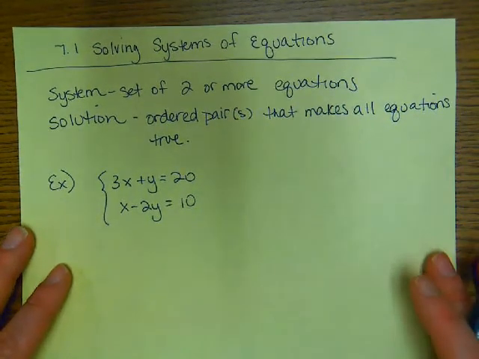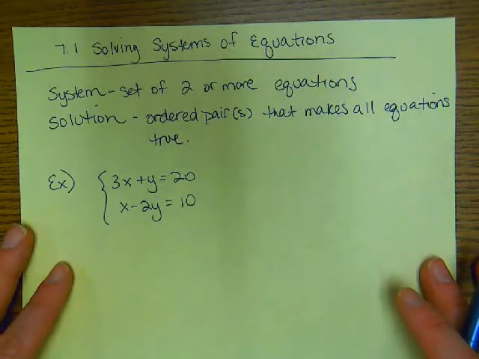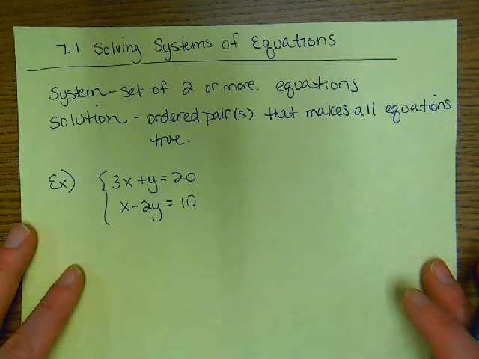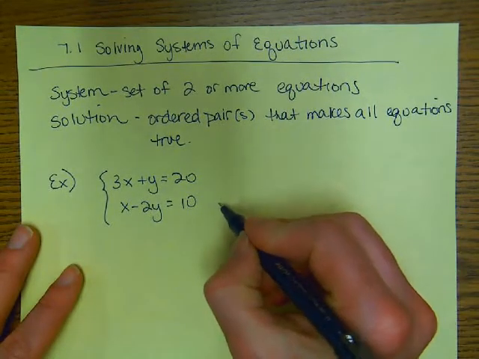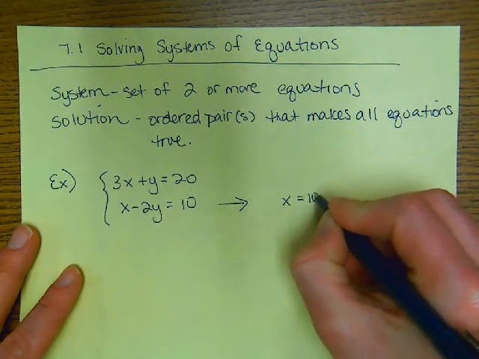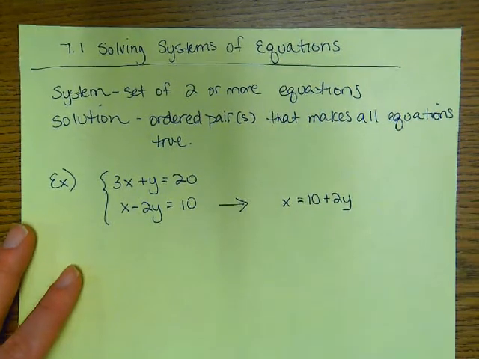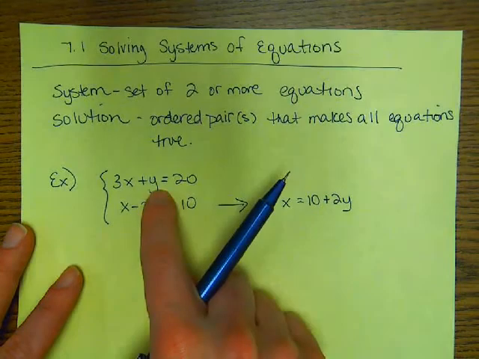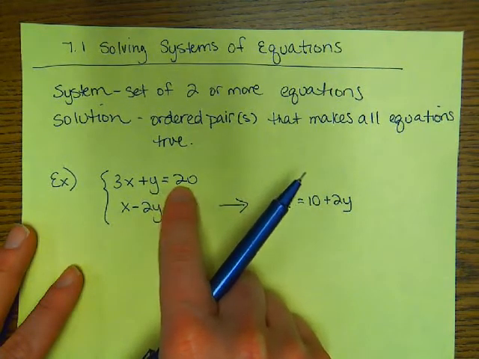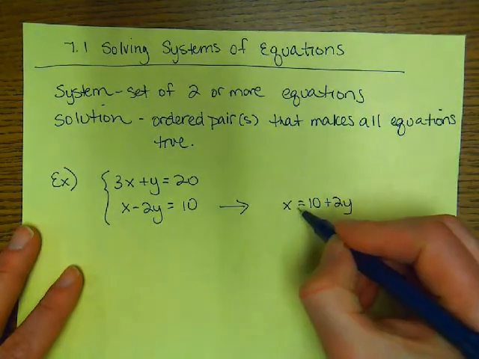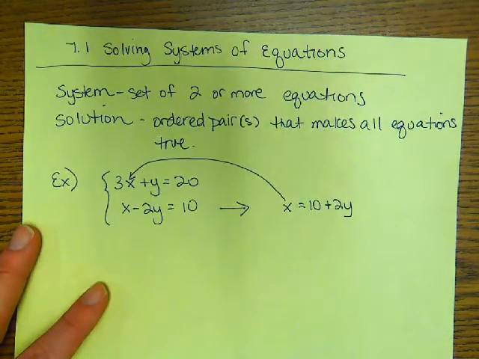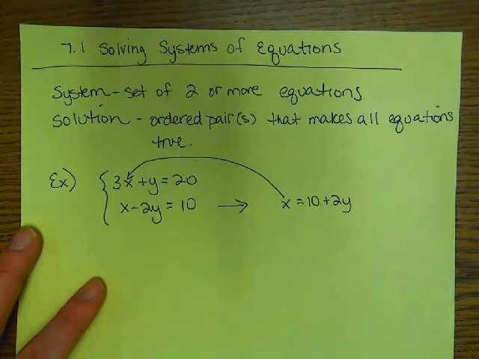There are multiple ways that we can solve this, but the concept of substitution is that we take one equation and get it alone. So for instance, the bottom one, I could rewrite as x equals 10 plus 2y, or if I did the top, it would be y equals 20 minus 3x.